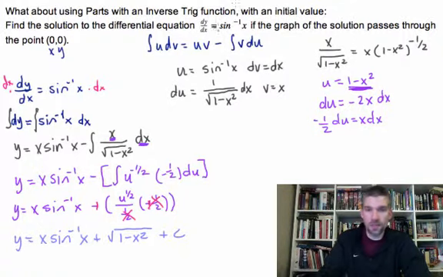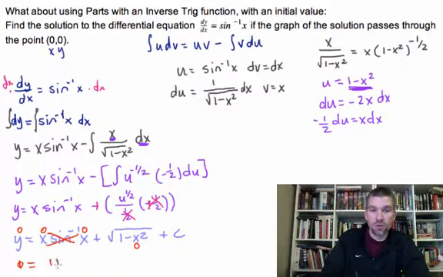And we can use this and create a slope field. But now we're going to check out this general solution. Well, we simply take 0 and put it in for y, and 0 and put it in for x. And what happens is when you do this, 0 times anything is 0. So I end up with 0 equals the square root of 1 minus 0 squared.